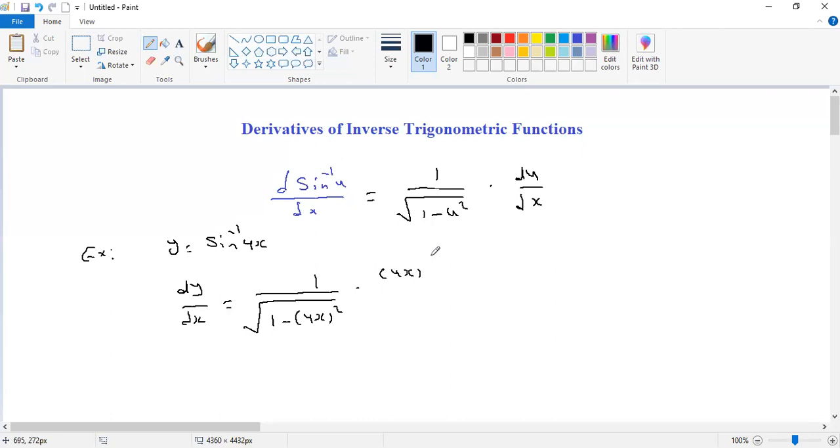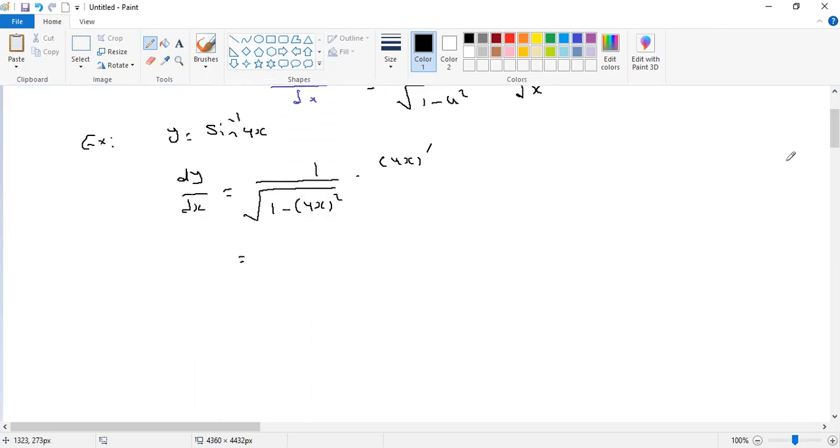So this is 1 over the radical of 1 minus 16x squared, multiplied by 4. We can write it directly with the 4 on top. This is the derivative of sine inverse of 4x.